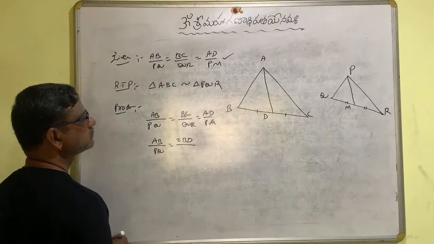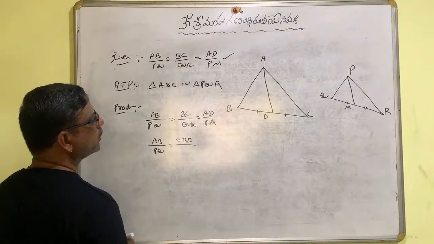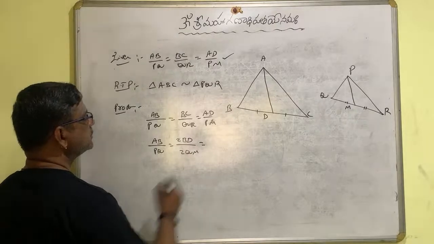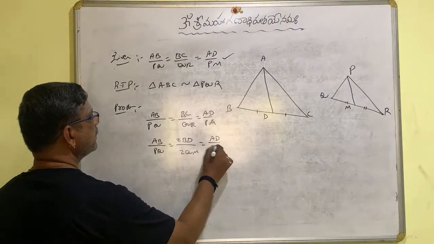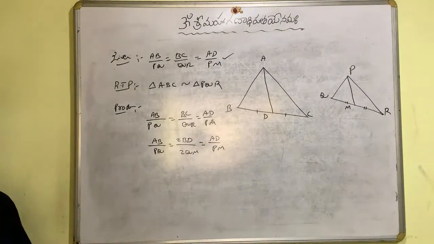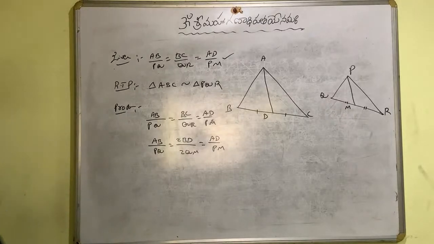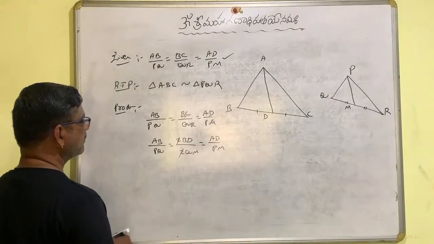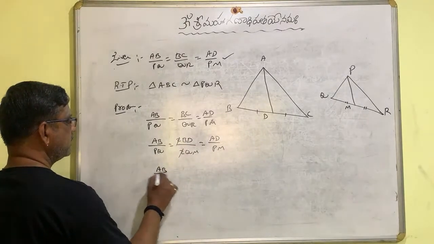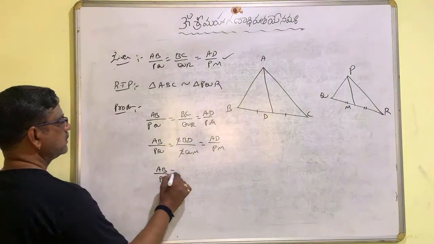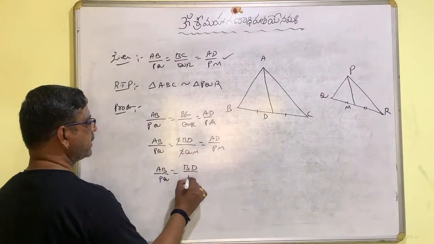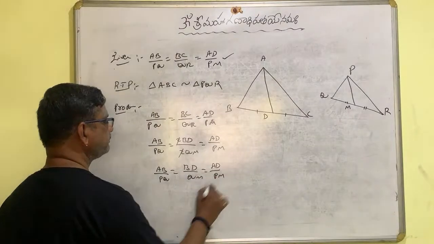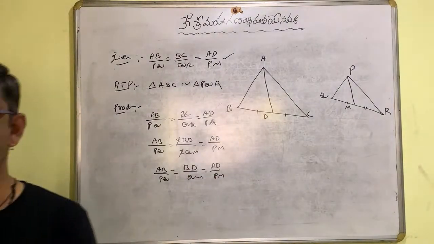In the same way, QR I can write as 2QM, equal to AD by PM. So the 2 gets cancelled. What is remaining? AB by PQ is equal to BD by QM is equal to AD by PM.